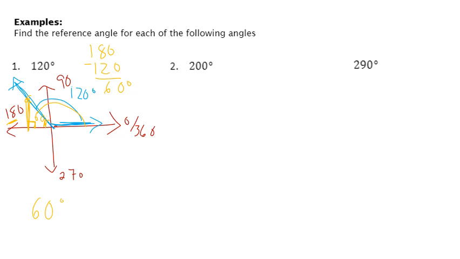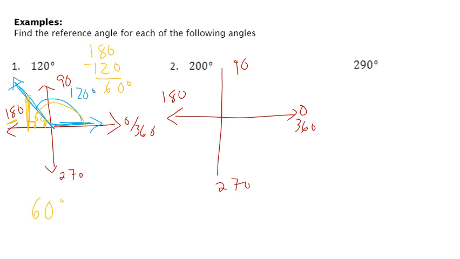For the next one, same thing. I'm going to sketch 200 degrees. So if I do my same labeling, you can see 200 if I'm starting here. It ends up being in quadrant 3. So if I take a point on there and make a right triangle with the x-axis, I always make it with the x-axis.